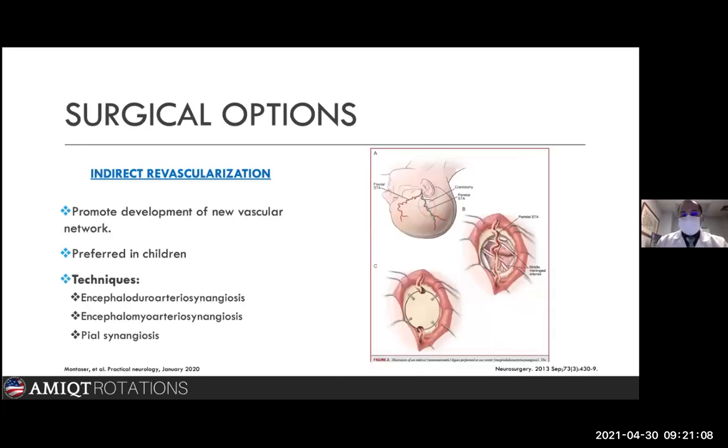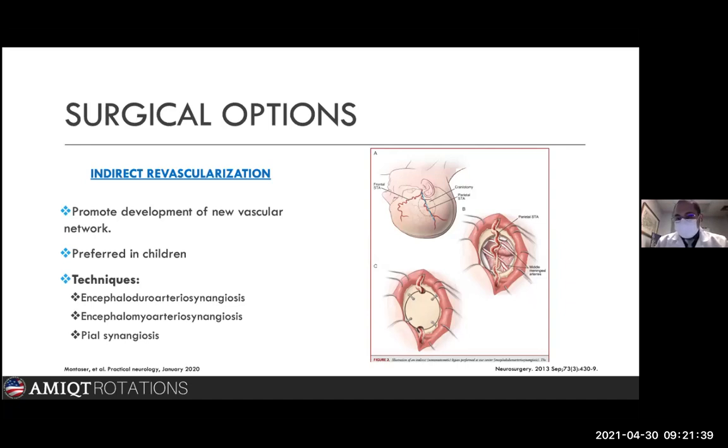The second approach, the indirect revascularization, tries to promote the development of a new vascular network in the region that is affected by the condition. This is the approach preferred in children, and it consists in implanting a vessel in this region and leaving it to produce new vascular supply.